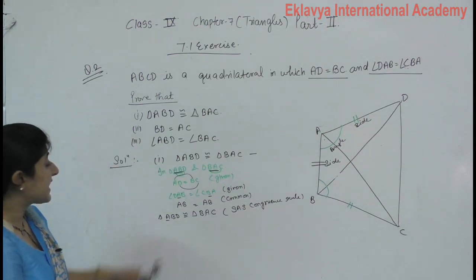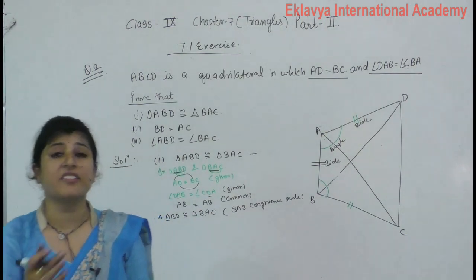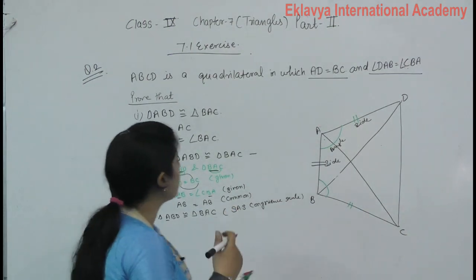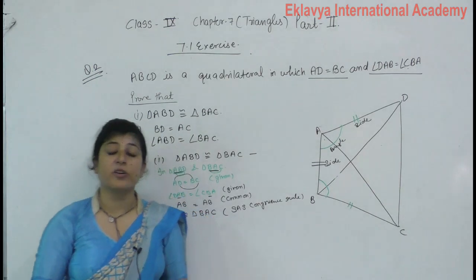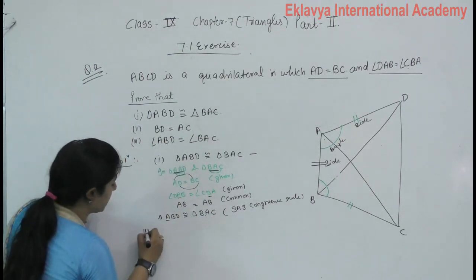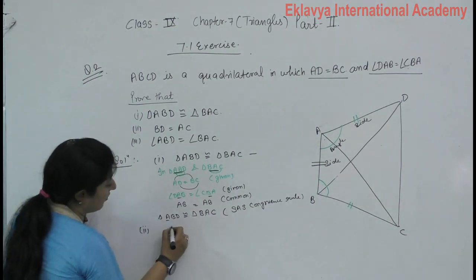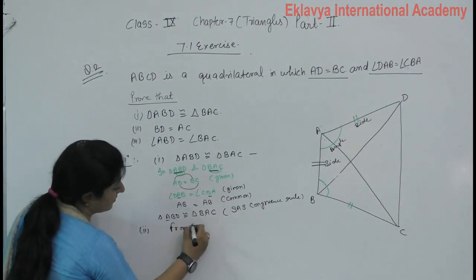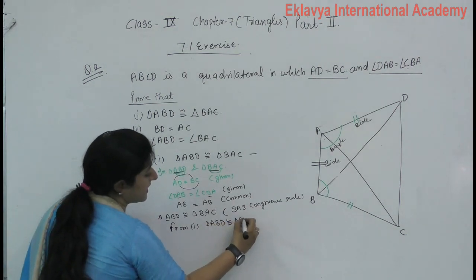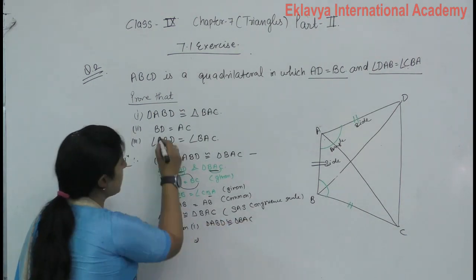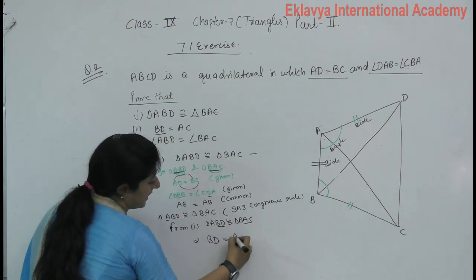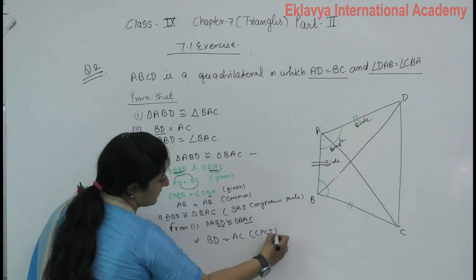Proved. Second, in most questions, whenever we solve the congruency of triangles, most of the remaining parts after proving the two triangles congruent we can get by CPCT easily. For the second part, from first, triangle ABD is congruent to triangle BAC. So we can say BD is equal to AC by CPCT.